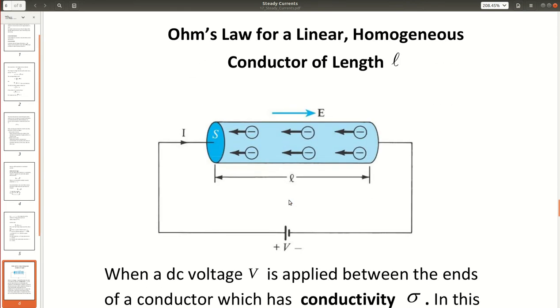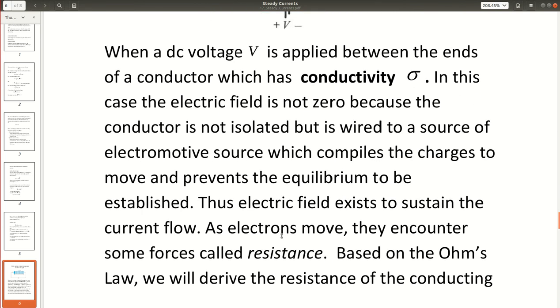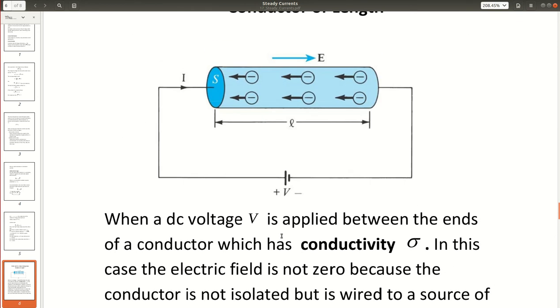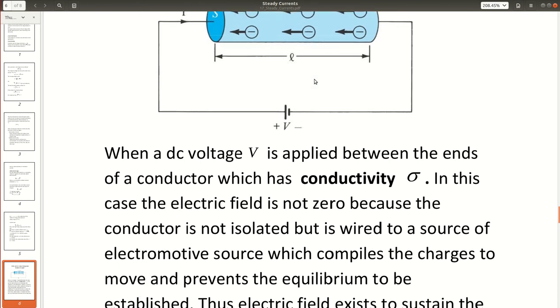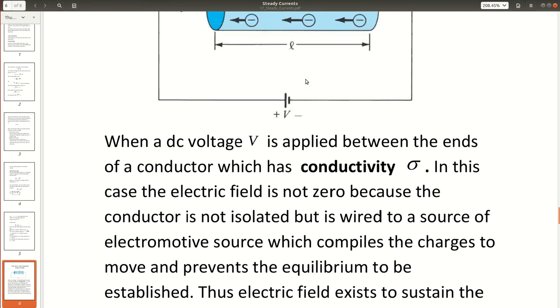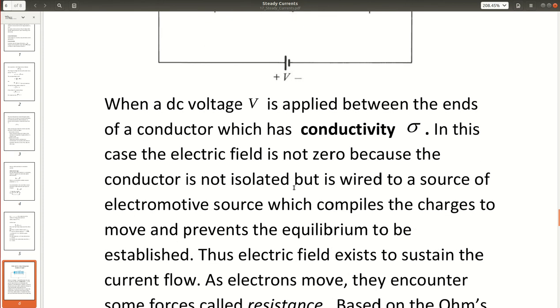So consider Ohm's law for a linear homogeneous conductor of length L, with cross-section surface S, and the current coming from a voltage source. The electrons that come from the source disturb the equilibrium; there is equilibrium when there is no wire connected to the source.